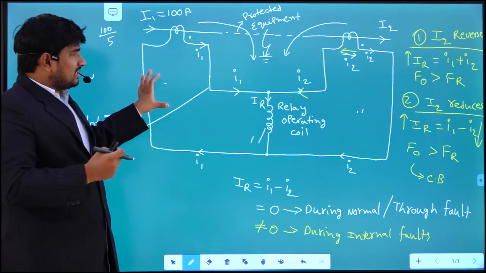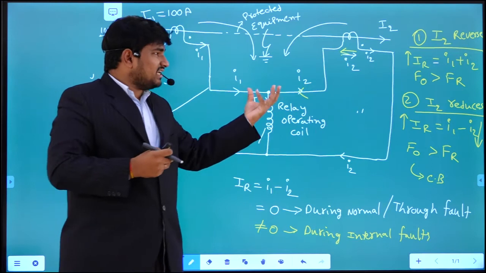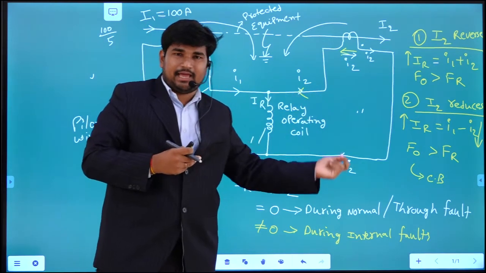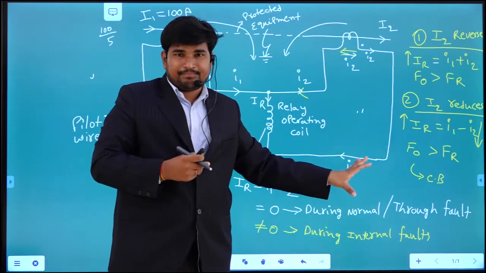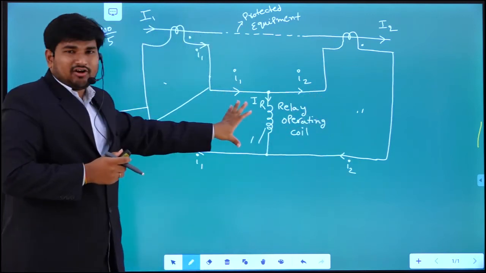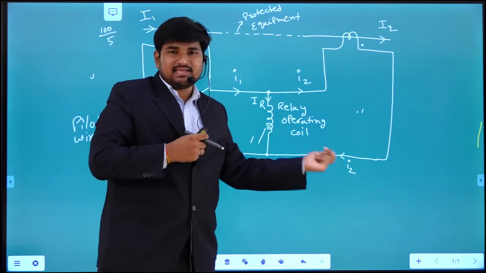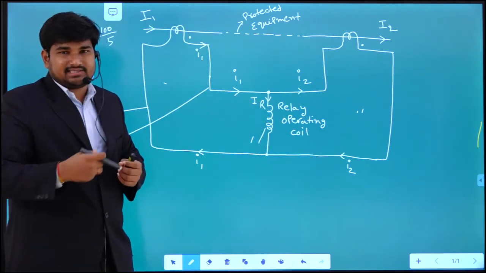Also, even though the rating of the pilot wires is the same, the characteristics of the pilot wires will not be the same. Because of the non-equidistance point or the dissimilarities in pilot wires, circulating currents are caused.